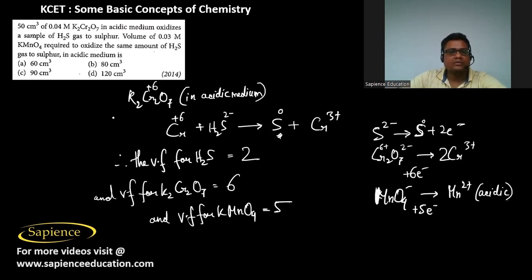Now the amount of K2Cr2O7 that is used is 50 centimeter cube or 50 ml of 0.04 molar. It means we can say it is 100 by 2, so it will be 2 millimoles of K2Cr2O7 has been taken, and it oxidizes a sample of H2S gas to sulfur.